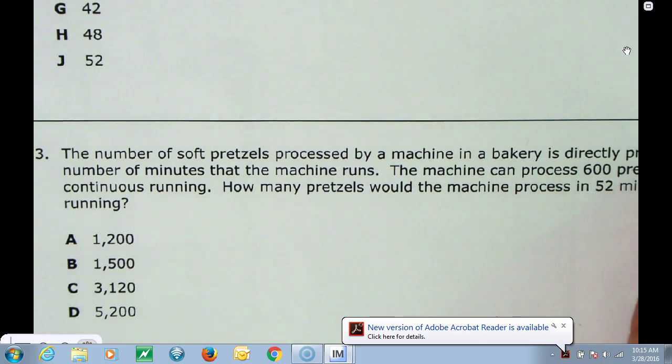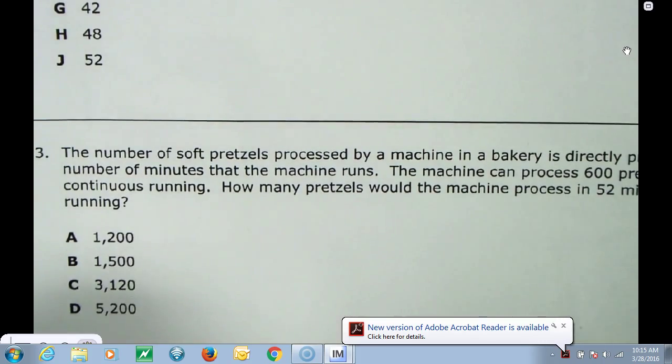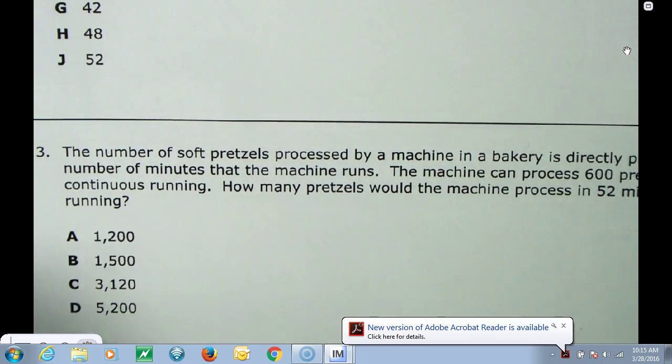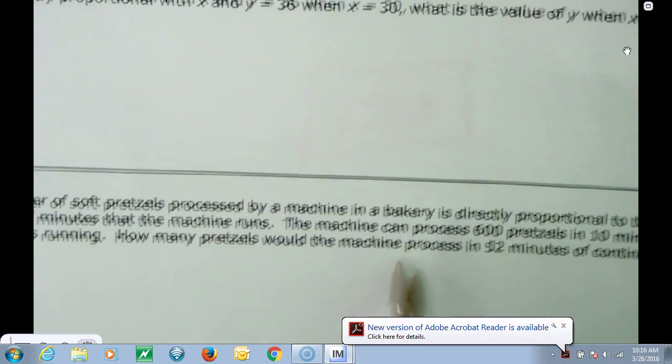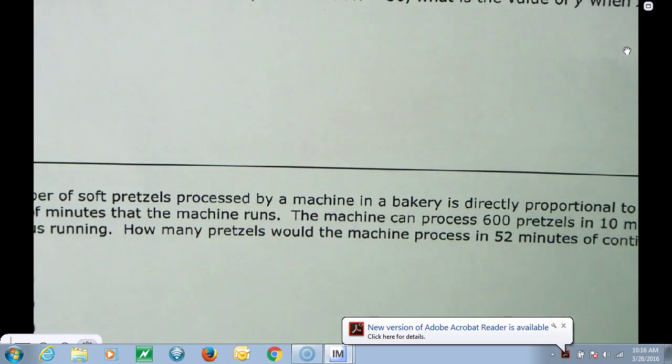Or they might say varies directly. So it is y equals kx, and you're finding k. One way on these problems to find k is to divide what? Y by x.